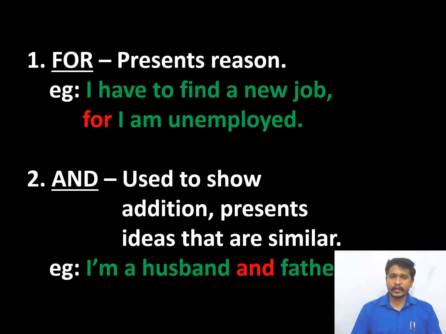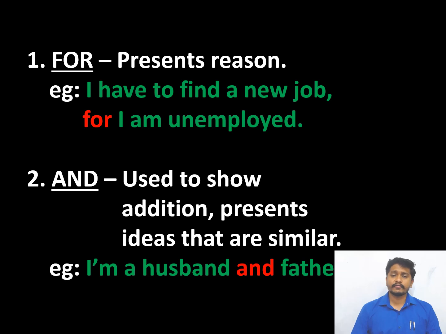We can't simply join two clauses with a coordinating conjunction. Remember, when we want to join two clauses by the use of coordinating conjunctions, after the first clause, put a comma. Comma is very important. Here, listen to the sentence.